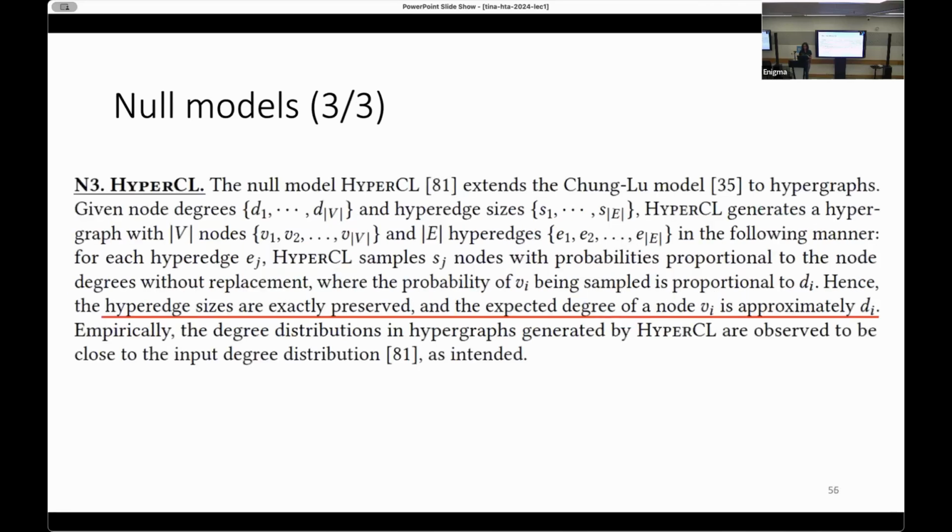And then there's hyper CL, so hyper Chung-Lu, where you're trying to preserve some notion of preferential attachment. So the hyper edge sizes are exactly preserved, and the expected degree of a node is approximately b_i. So when a hyper edge comes in, it tries to attach to a node that is already rich.